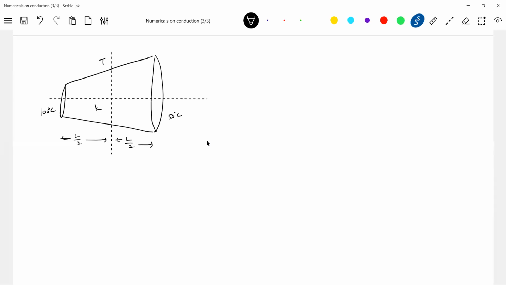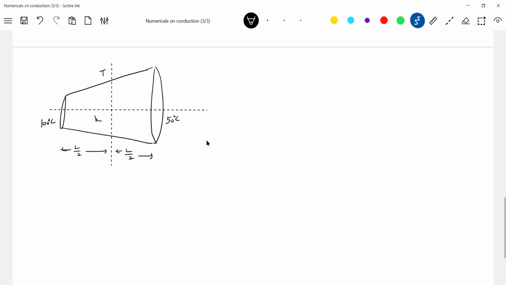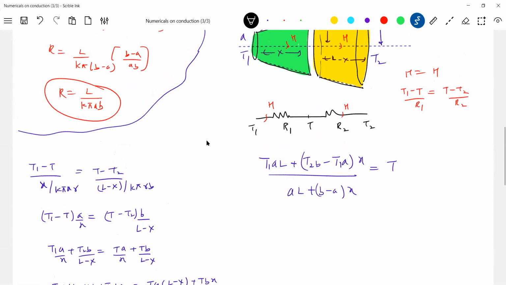Will it be greater than 75 or less than 75, or equal to 75? How to decide this? I'll take help of the formulas we have.